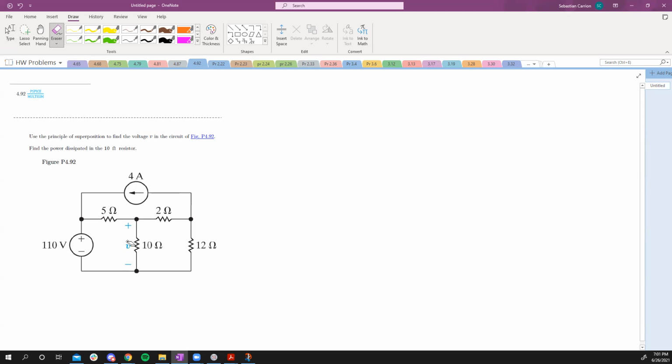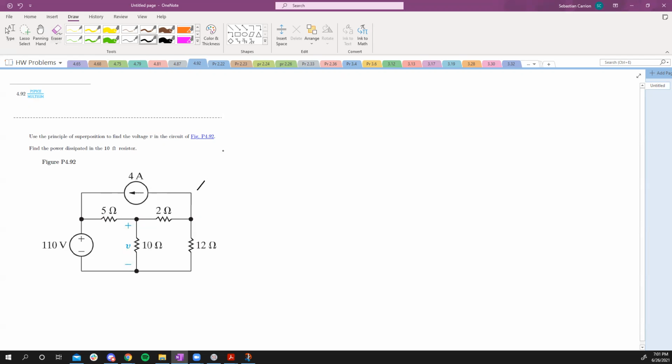The sum should be the voltage if we were to analyze the circuit as it is right now. So yeah, I'm gonna do that.